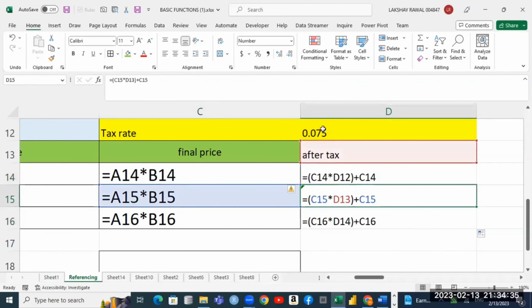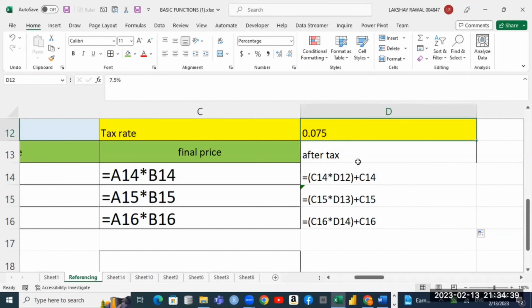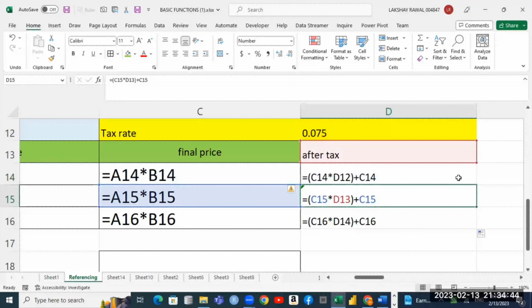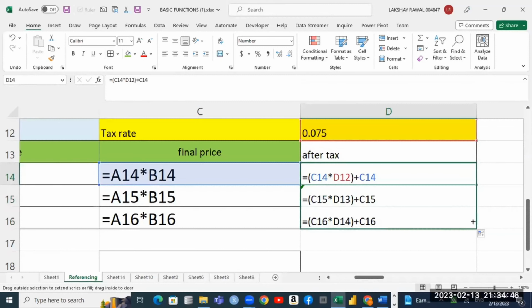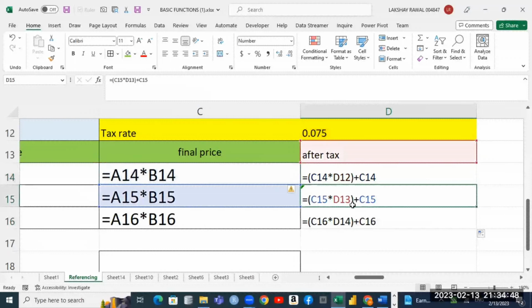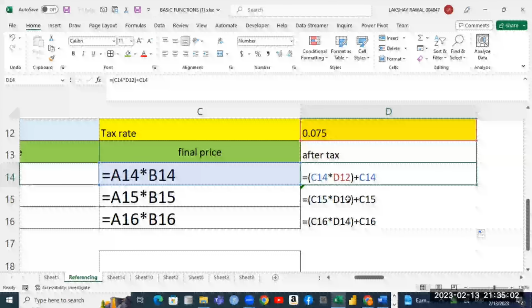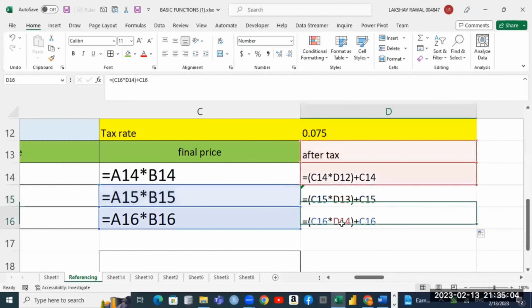The only problem is D12. The tax is given in D12. When I drag the formula from here down, naturally D12 will change to D13, but I do not want that. I want D12 to remain D12, and rest everything is okay.